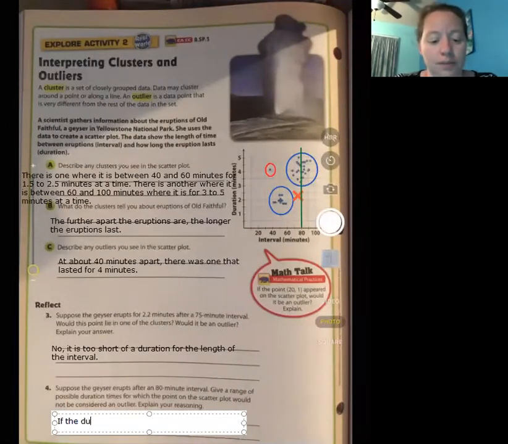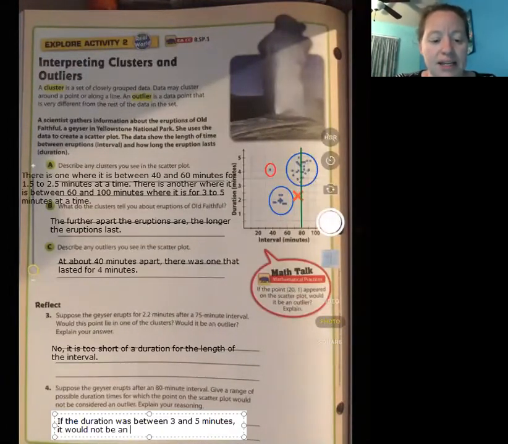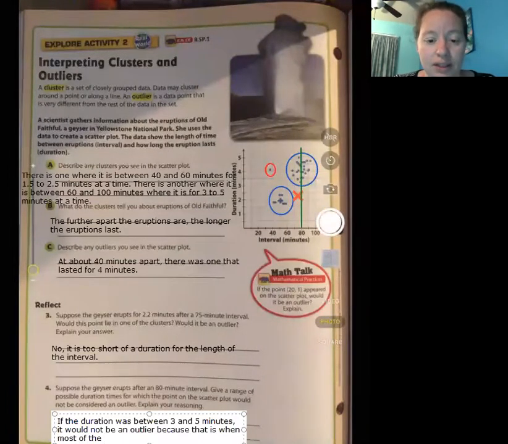If the duration was between 3 and 5 minutes, it would not be an outlier because that is when most of that interval was.